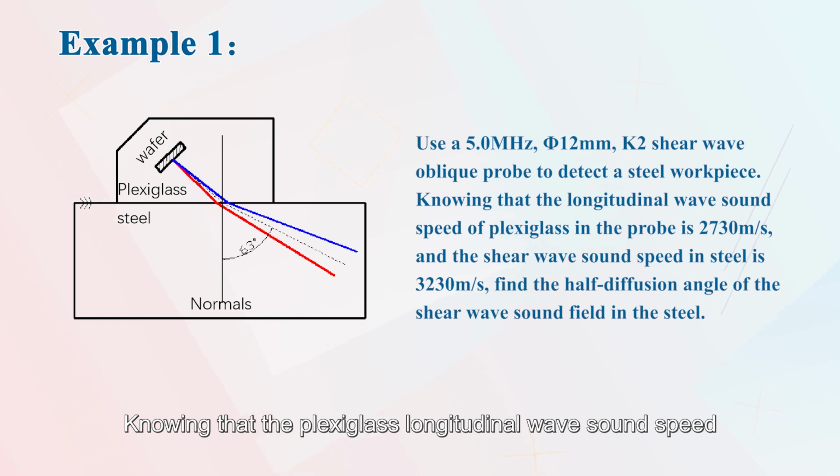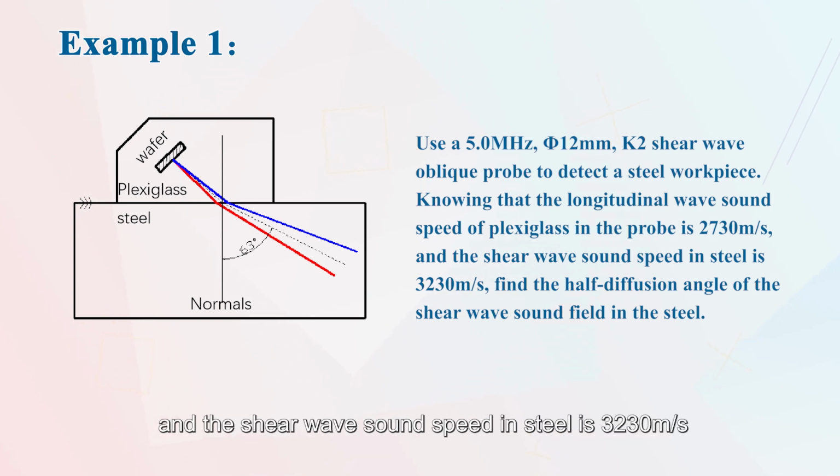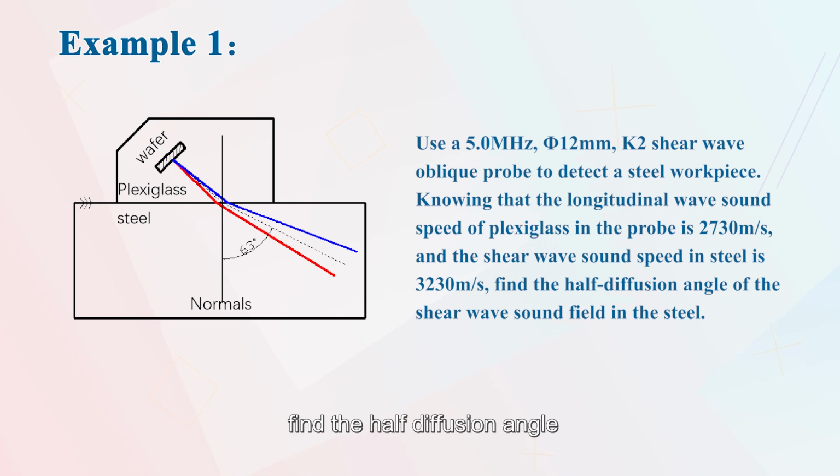Knowing that the plexiglass longitudinal wave sound speed in the probe is 2730 m/s, and the shear wave sound speed in steel is 3230 m/s, find the half diffusion angle of the shear wave sound field in the steel.